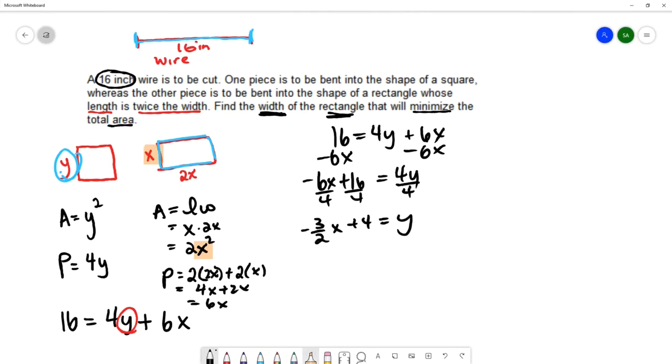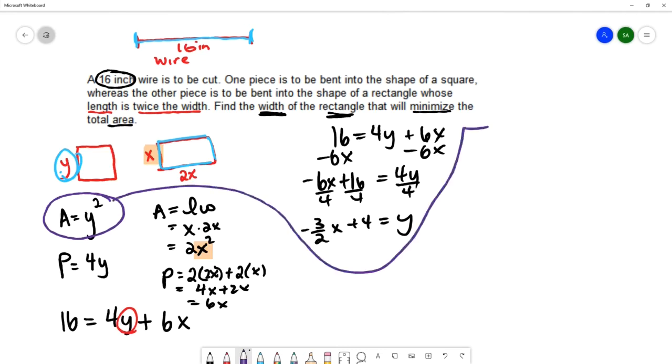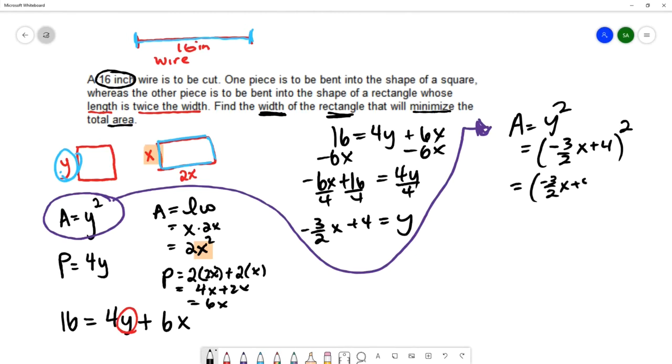So now what I'm able to do is to rewrite the area function here as a function of x instead of y. So let's do that. This area function, area equals y squared, can now be written as negative 3 over 2x plus 4 squared. Let's simplify this. This is negative 3 over 2x plus 4 times negative 3 over 2x plus 4.